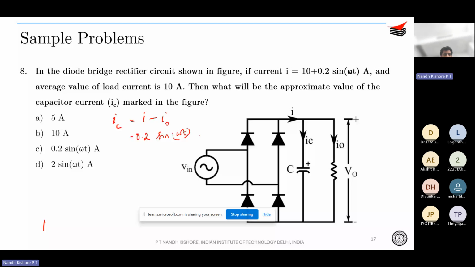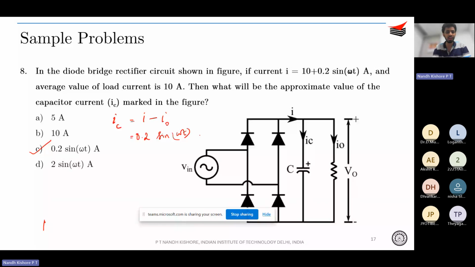This is one way, of course, by KCL. Or in other words, you always know that a capacitor cannot take any average value of current under steady state. Because if it takes a fixed current, the capacitor voltage will just go on increasing, since I is equal to C dV/dt or V is equal to integral of I. If you give a fixed DC current, the capacitor voltage will go on rising.